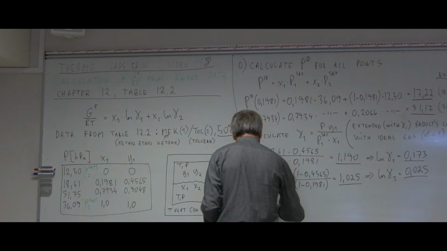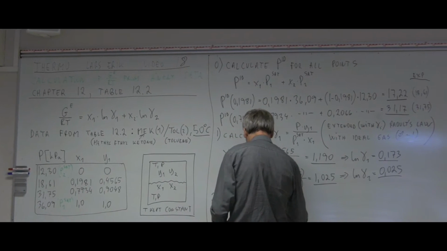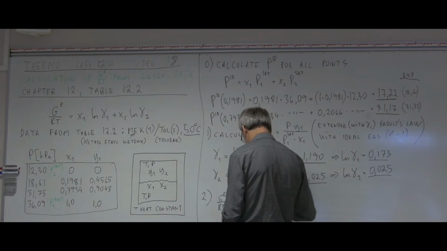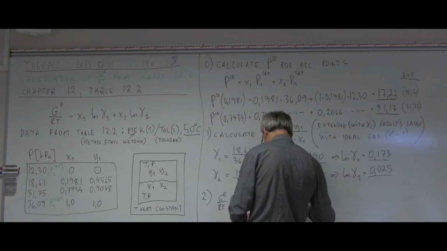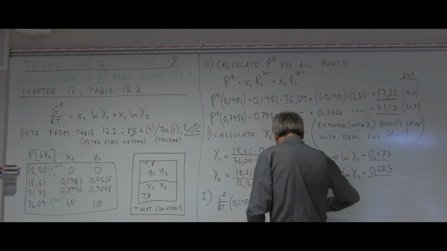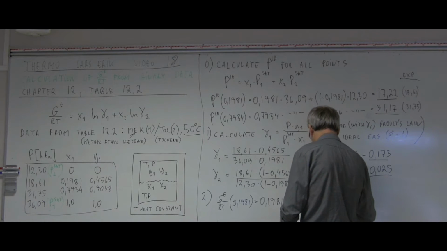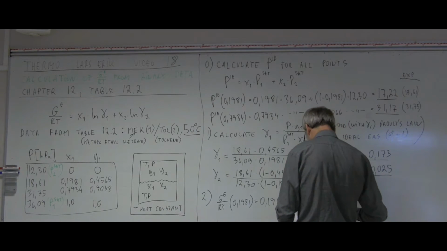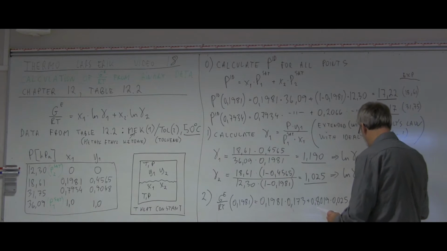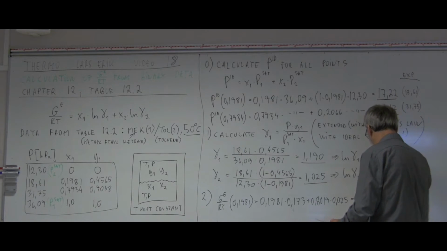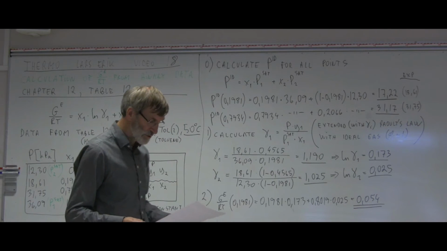And the GE over RT for the point of 0.1981 is 0.1981 times 0.173 plus 0.19 times 0.025, and that is 0.054.